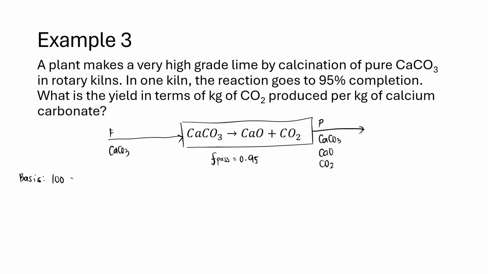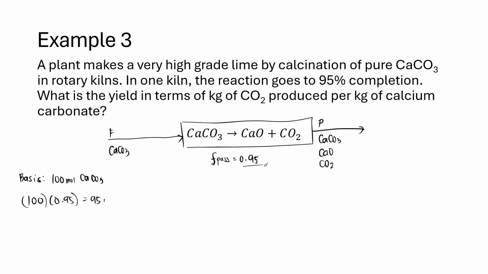Well, let's just do 100 grams calcium carbonate because calcium carbonate is solid. Although we can do moles. Okay, to simplify everything, we will just do moles. 100 moles CaCO3. And then, the single pass conversion is 95%. So that means only 95% ng CaCO3 ang magre-react.